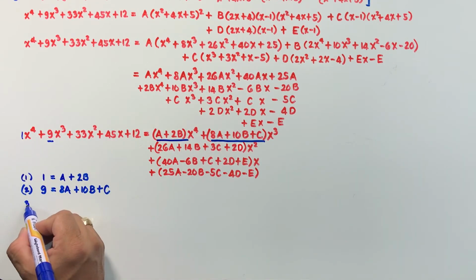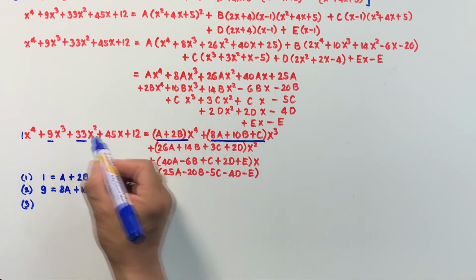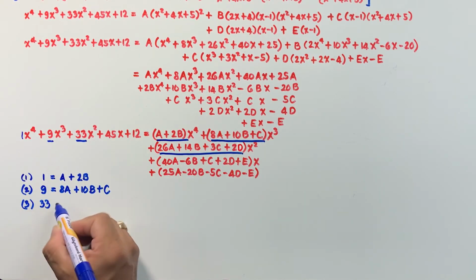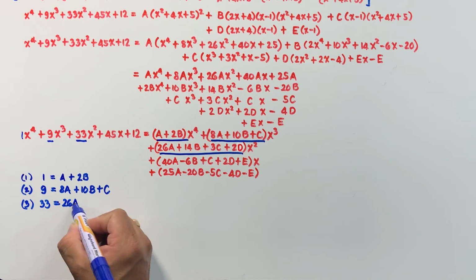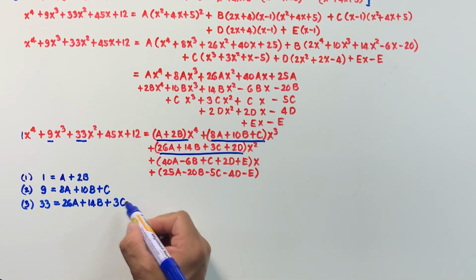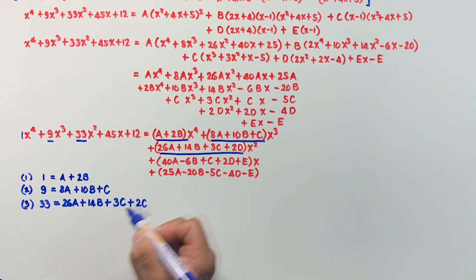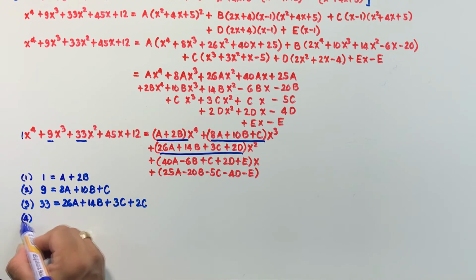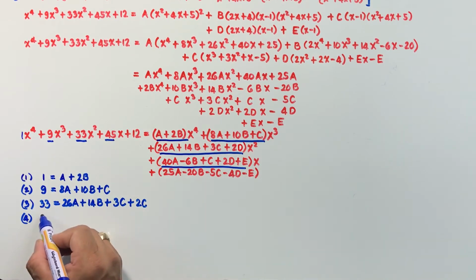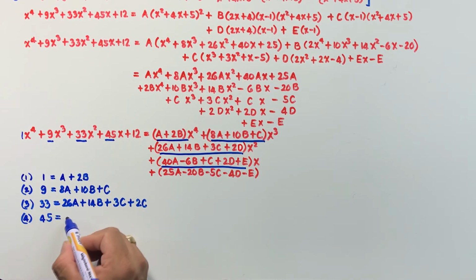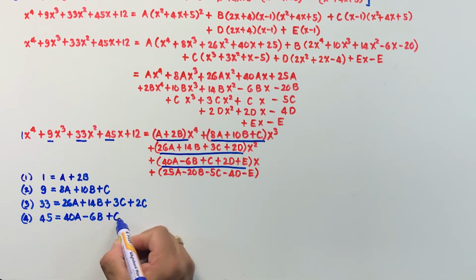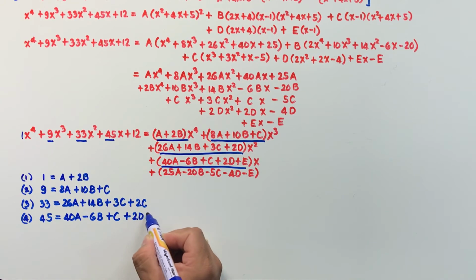And then the coefficients of x squared are also equal. So 33 is equal to 26a plus 14b plus 3c plus 2d here. And also, coefficients of x are also equal. So 45 is equal to 40a minus 6b plus c plus 2d plus e.